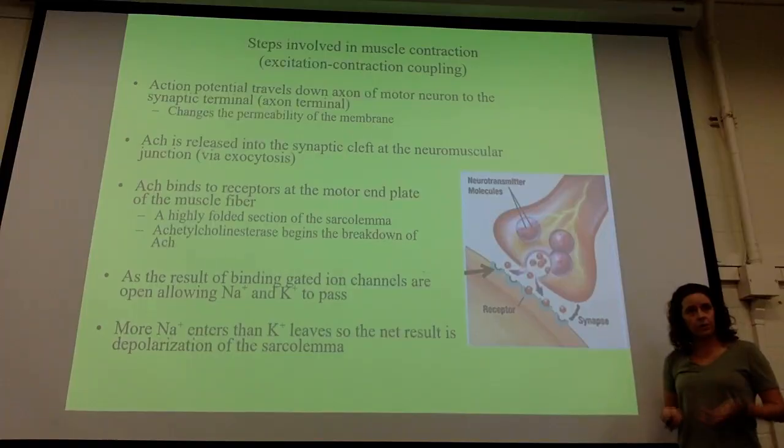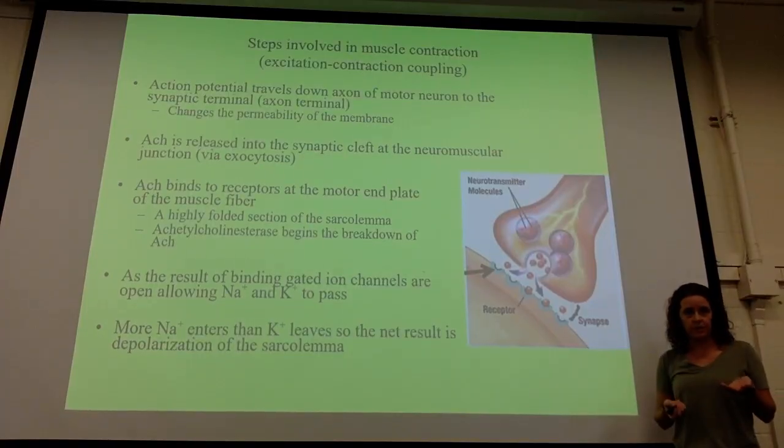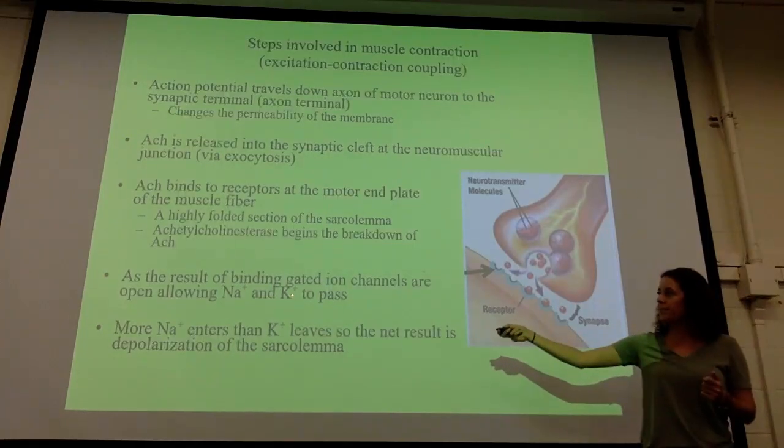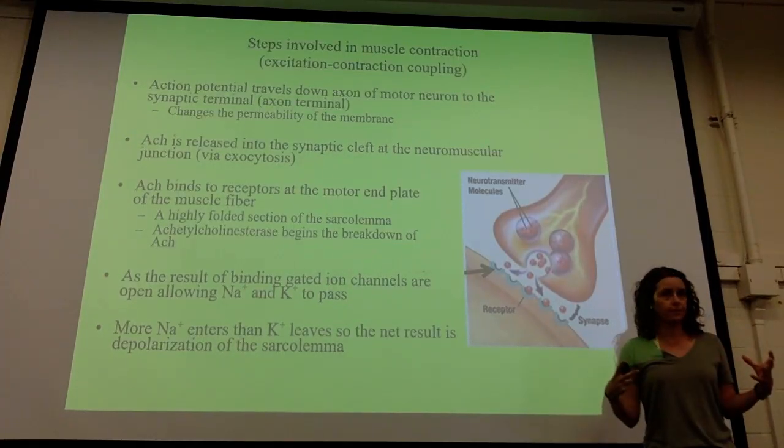So now that acetylcholine has fit into the receptors, the muscle fiber starts breaking it down with its special enzyme. That triggers sodium and potassium channels to open.